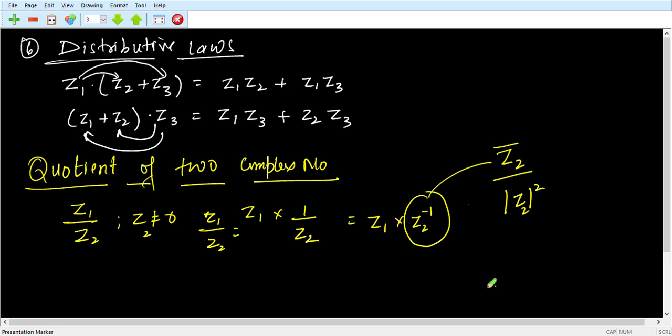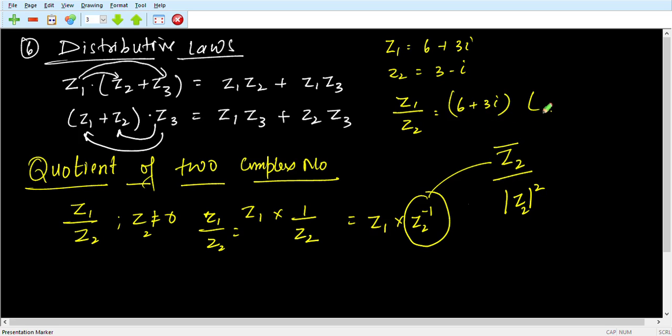For example, let us suppose z1 is equal to 6 plus 3 iota and z2 is equal to 3 minus iota. Then the value of z1 upon z2 will be 6 plus 3 iota, and the conjugate of z2 will give me 3 plus iota upon under root 3 square plus 1 square, to the whole square.